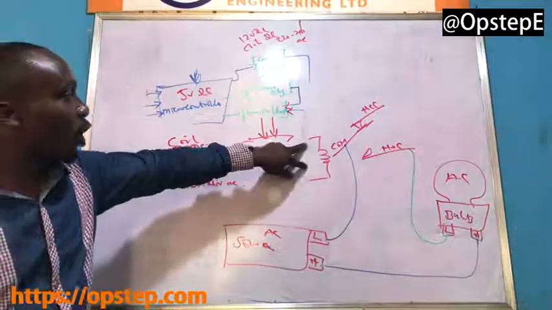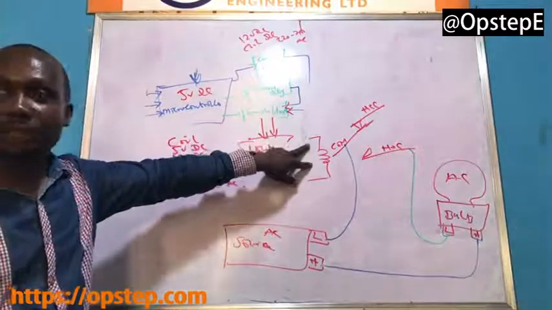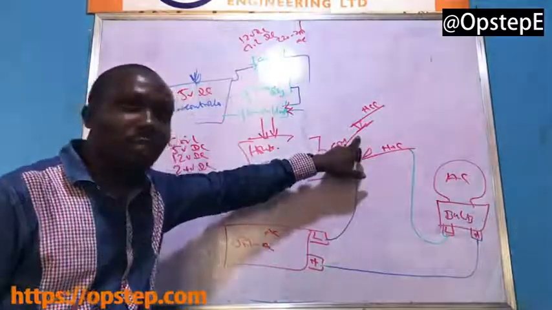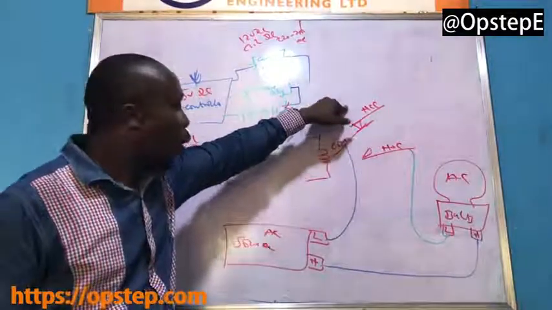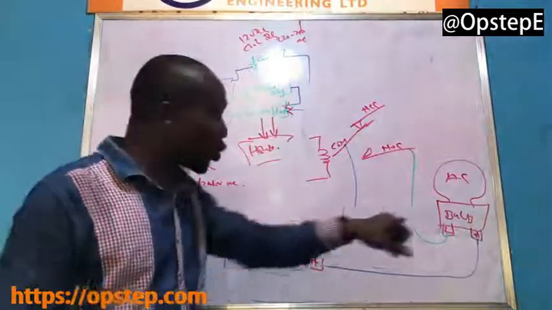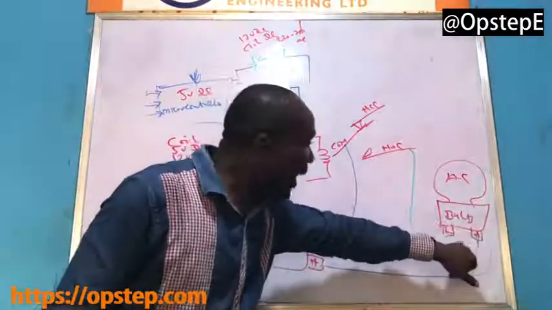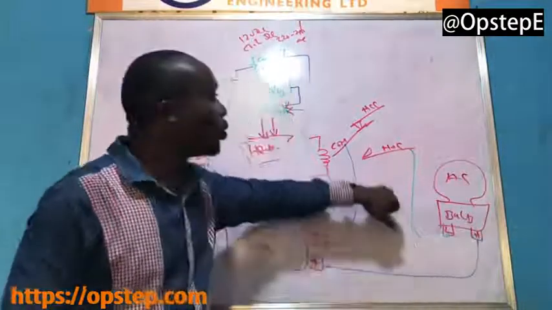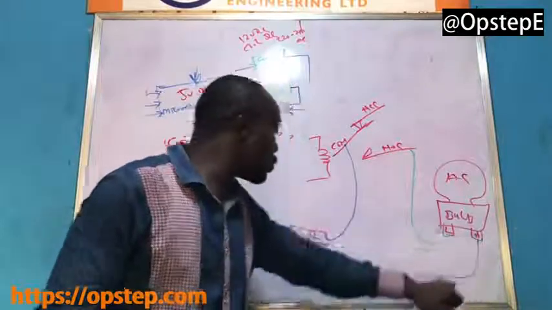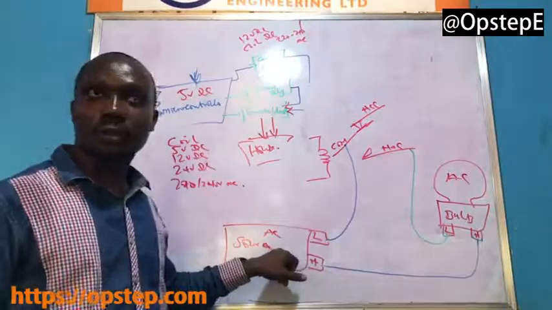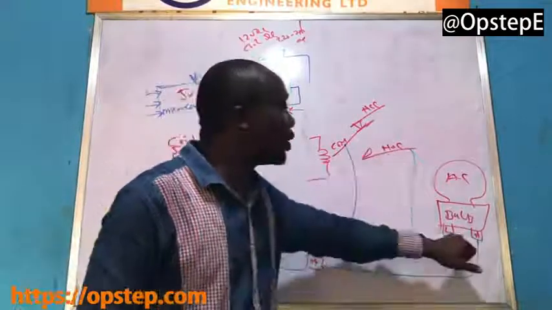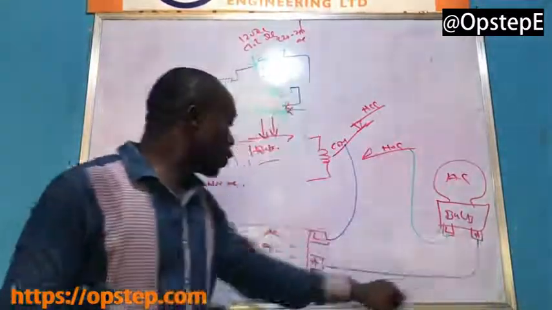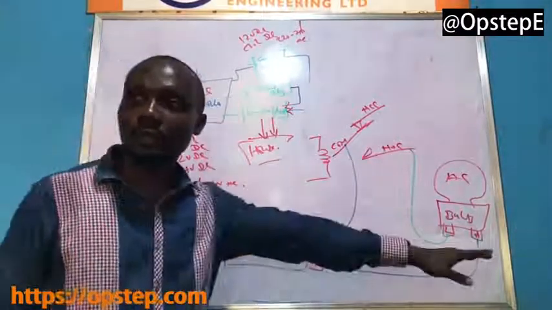The moment the coil of this relay is not energized, the common remains on the normally closed contact, which is not connected to anything. The neutral of the bulb is connected to the source of neutral, so neutral is given.